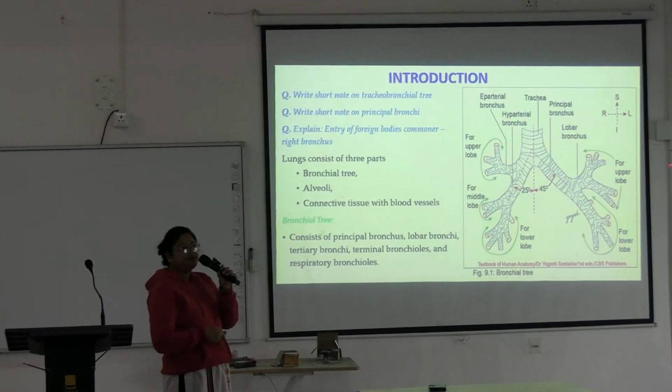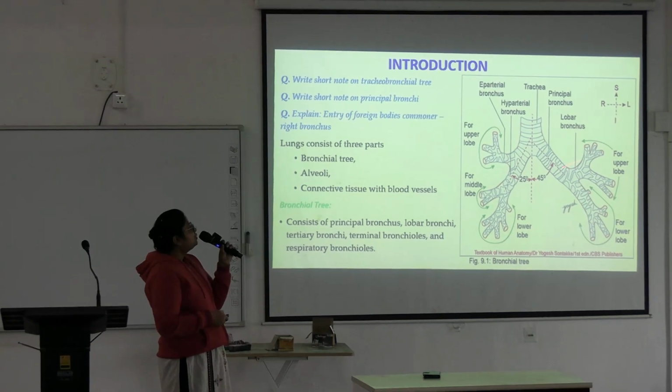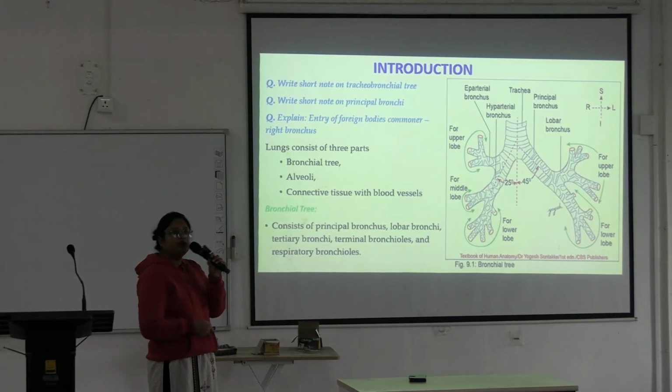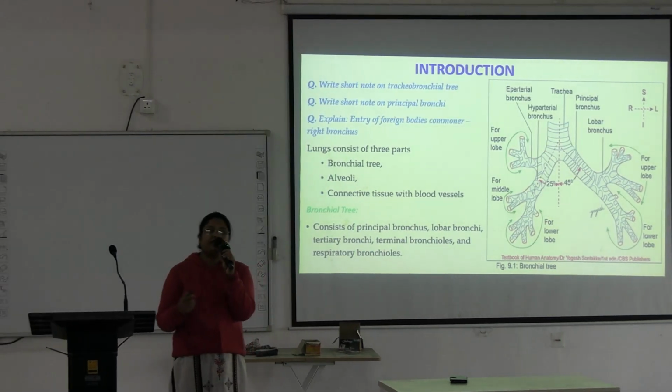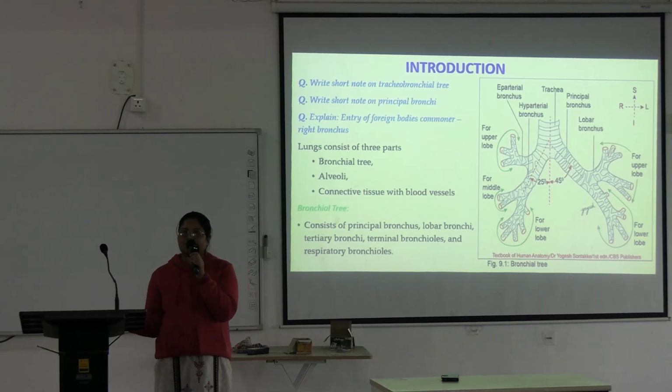And here on the left side, the principal bronchus divides into two lobar bronchi for the two lobes, upper and lower lobe. So on the right side there are three lobes, on the left side there are two lobes.